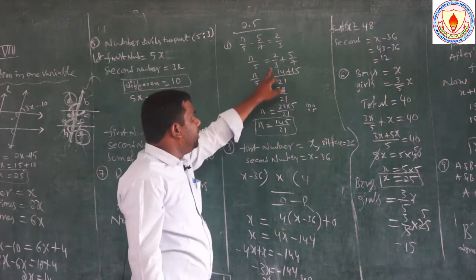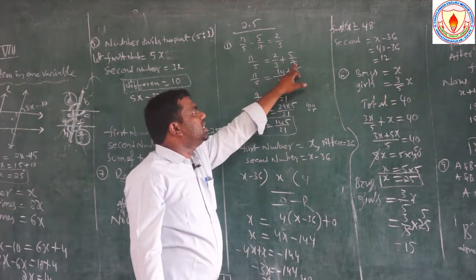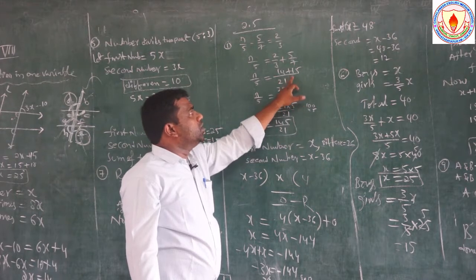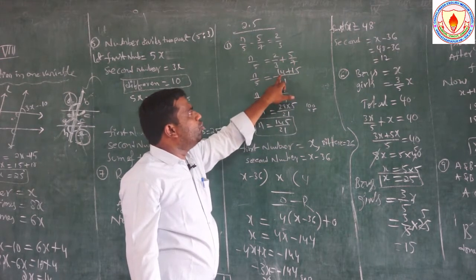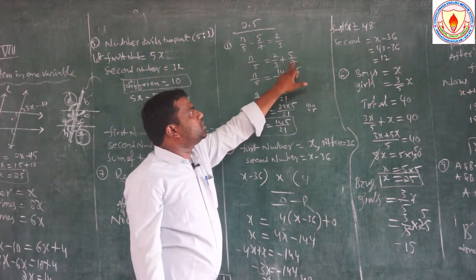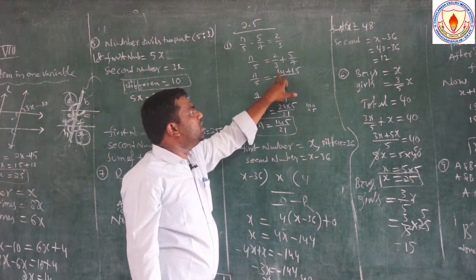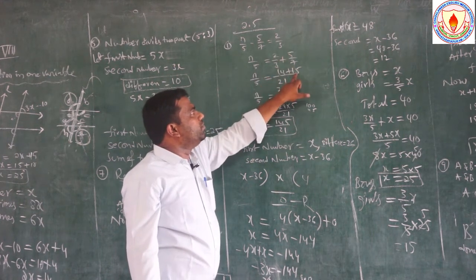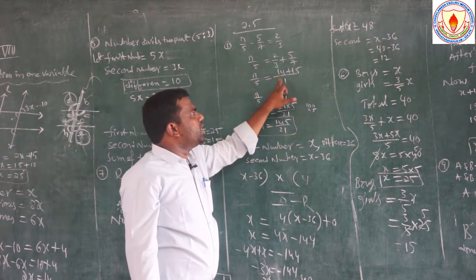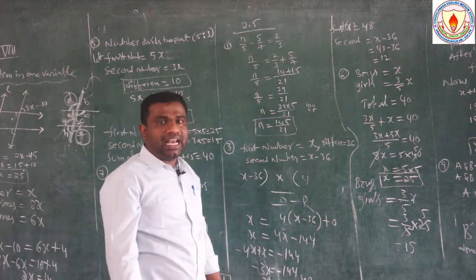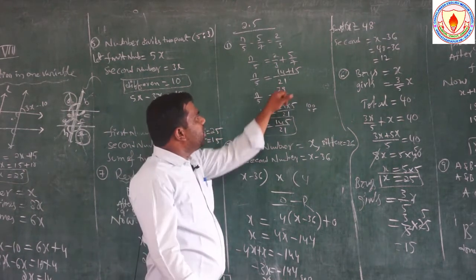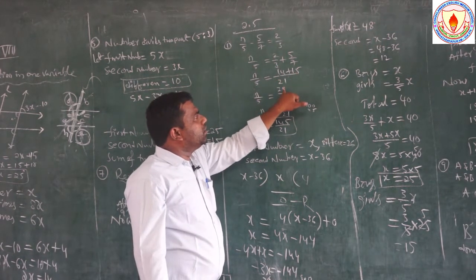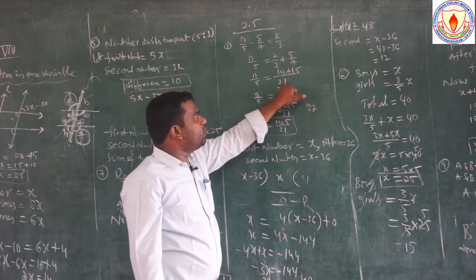Next, the LCM of 3 and 7 is 21. So 7 twos are 14, 3 fives are 15, cross multiply. Then 7 into 3 is 21. That is the LCM working. Here 14 plus 15 means 29 over 21.